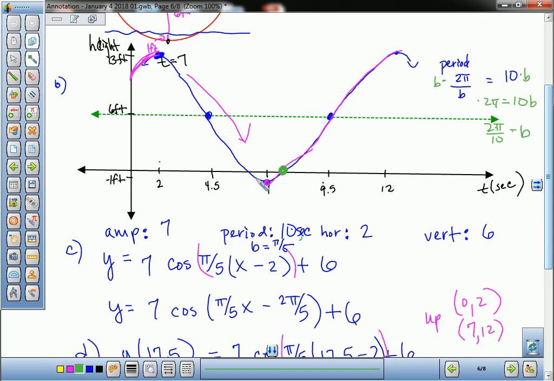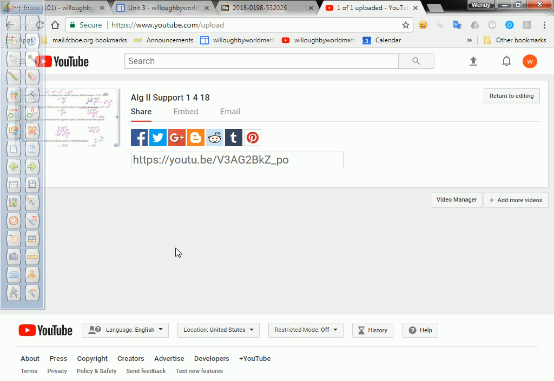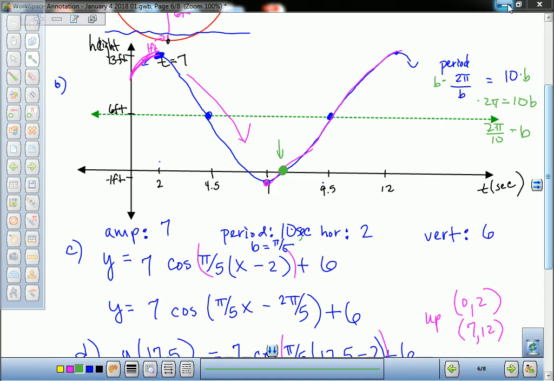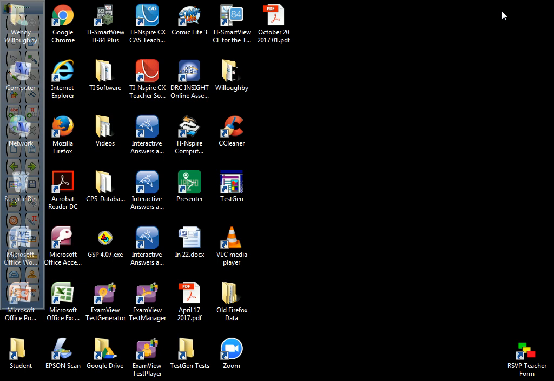This is where it goes down into the water, and this is where it emerges from the water. How can I find this point? Find the 0. So now we do need to graph it. Pull out your calculator, and let's graph it together.